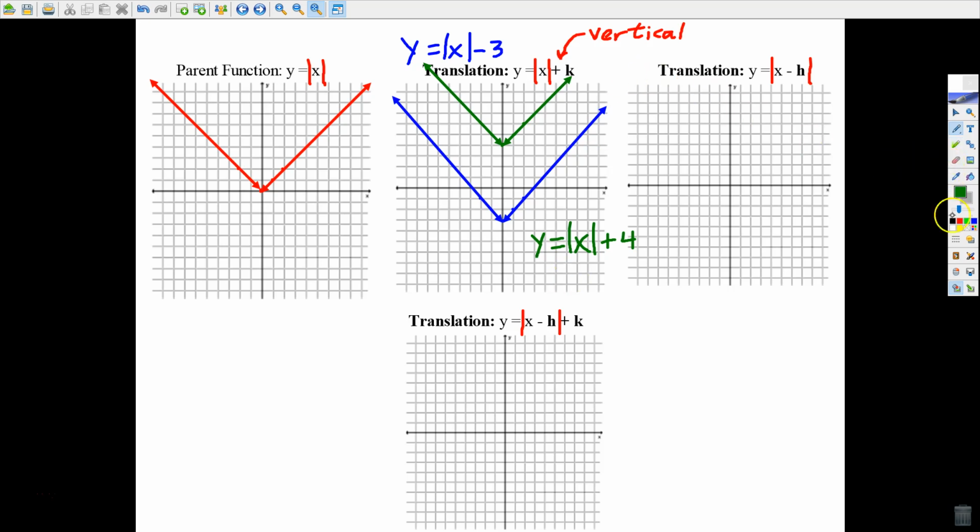I'll show you why. Okay? H represents a number that tells me whether I'm going to move left or right and how many. I'm going to write a function that represents a horizontal translation, and I'm going to write it right above this. We'll call this the definition of horizontal translation.